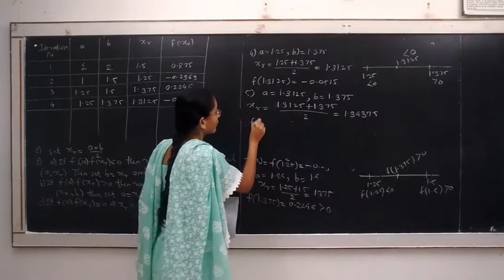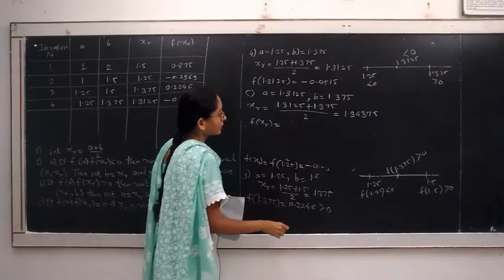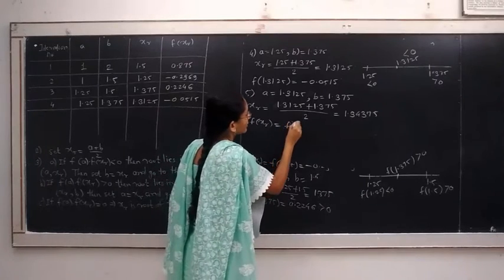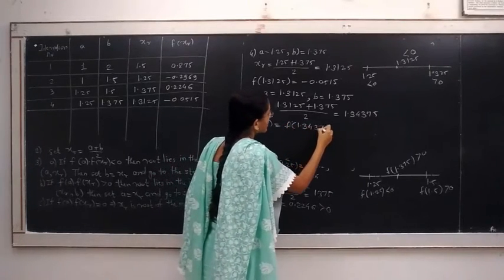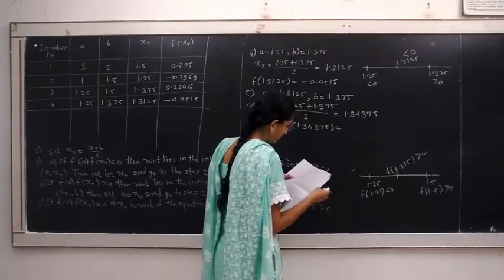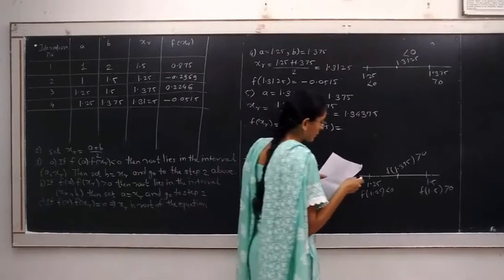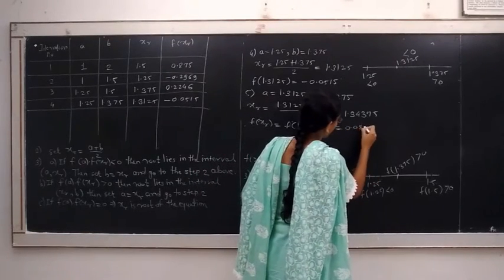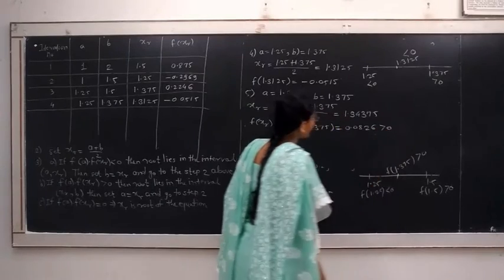And f of XR is equal to f of 1.34375 gives the value 0.0826, which is greater than 0.